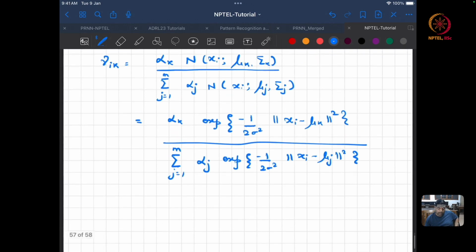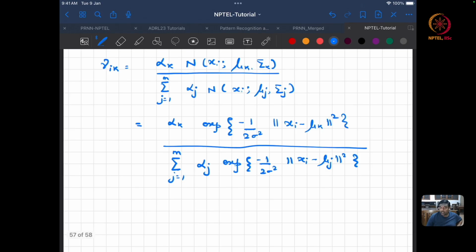So how this boils down to a Dirac delta function is what we should look at.